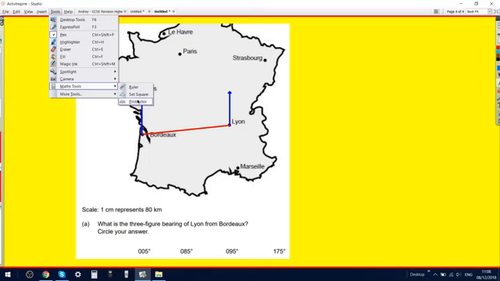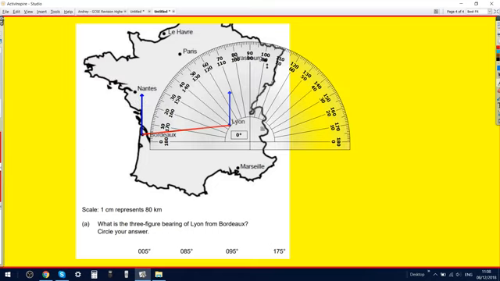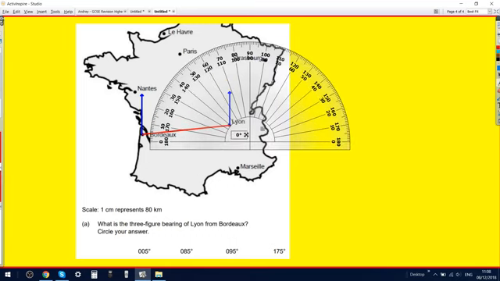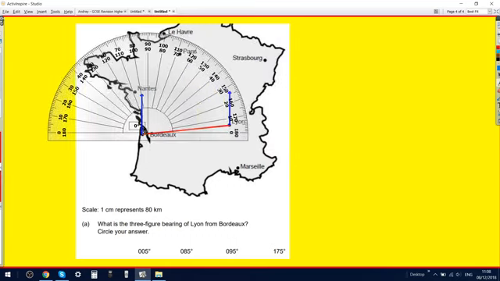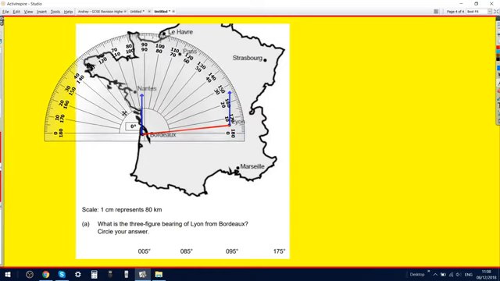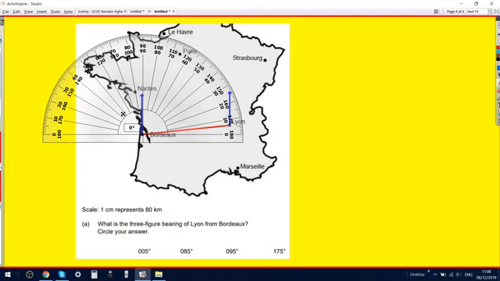It's the one at Bordeaux, because you're going from Bordeaux to Lyon. So where those two lines cross over, you put the cross on your protractor. Is it 90? So straight up would be 90 degrees.